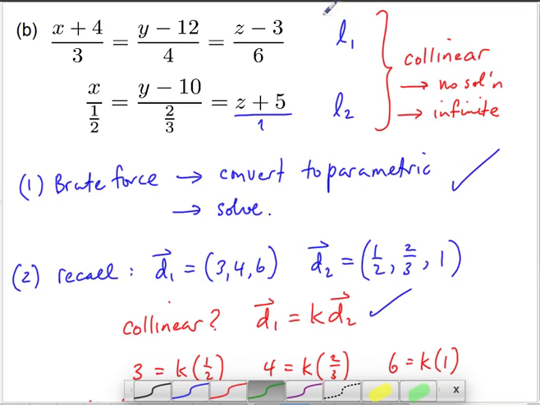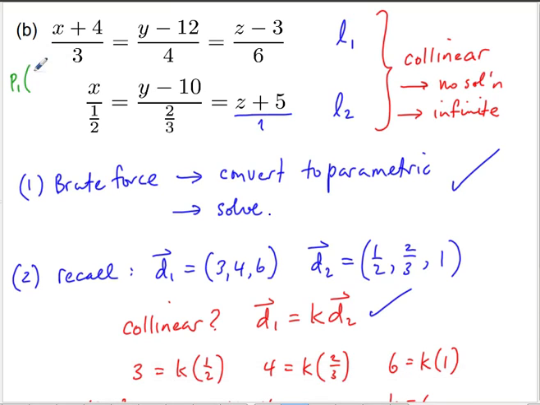So what point does this one represent? If we call this line 1, then that would mean that point 1 is going to be -4, 12, 3. Or I could look at point 2, which from this one would be 0, 10, and -5.